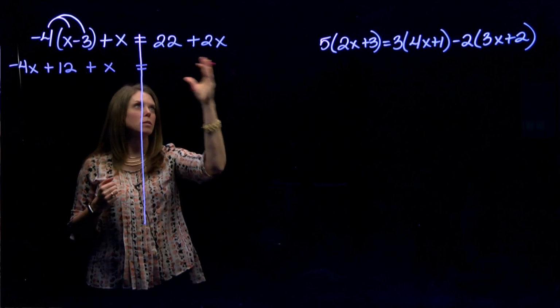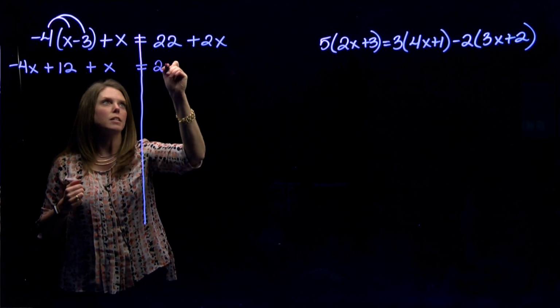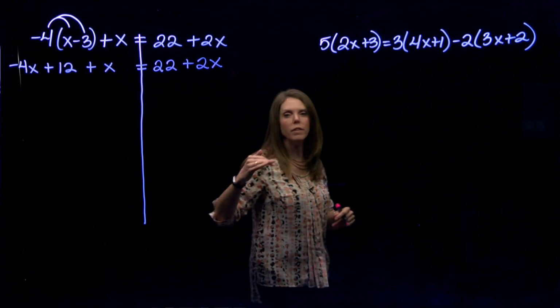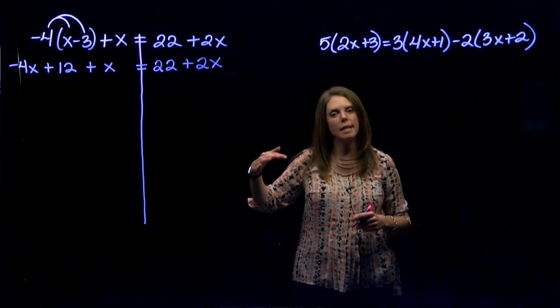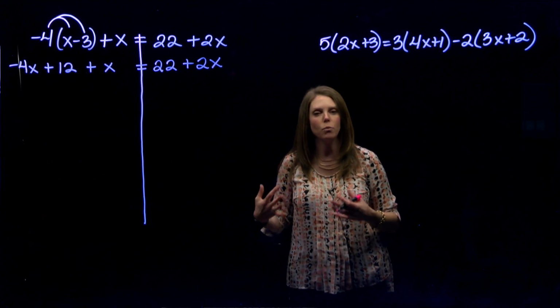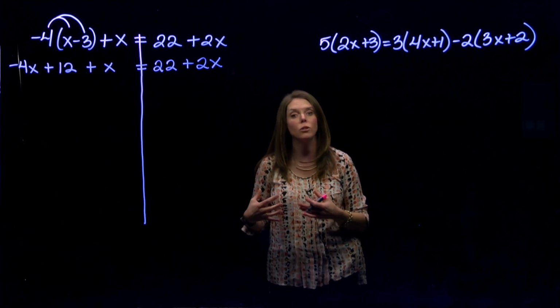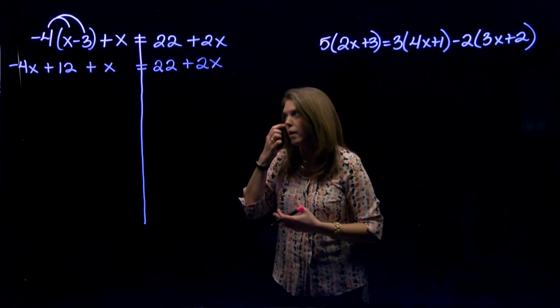And that equals my right side of the equation, which I haven't touched yet. Make sure as you're solving these equations that you write down even the parts that you haven't worked with yet. That will help keep things organized and help you not to lose terms along the way, okay?